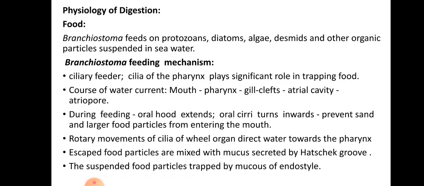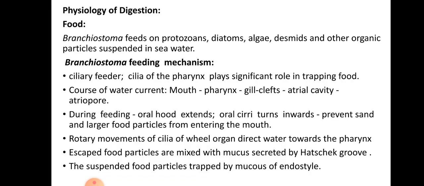Now the pharynx plays the most important part in food collection. Why? Because it is the cilia of these gill slits which enable the movement of the food particles in the pharyngeal cavity, and in doing so the mucus that is secreted by the endostyle helps in trapping all these food particles in the form of a card.